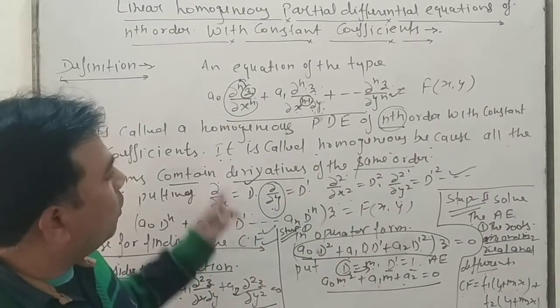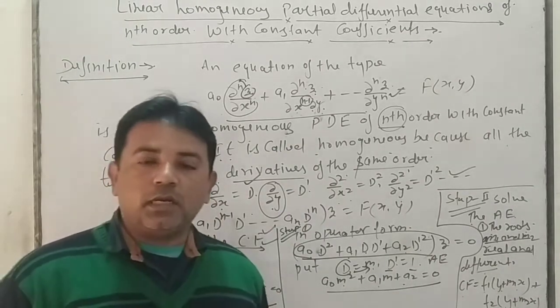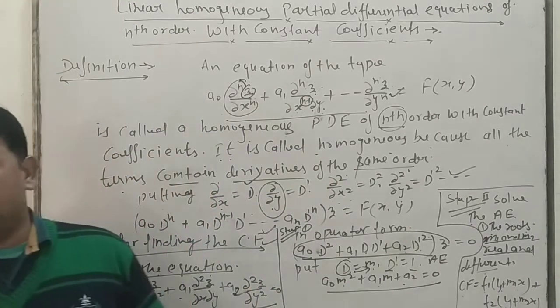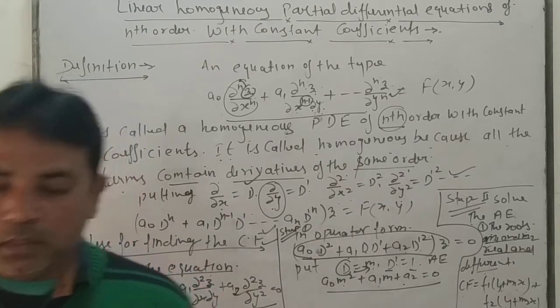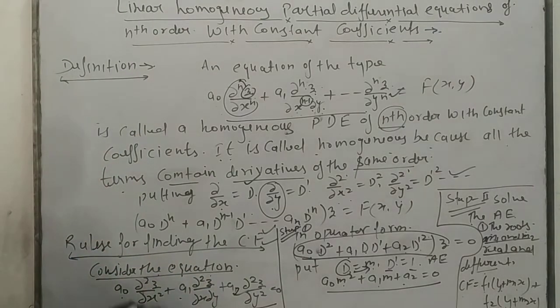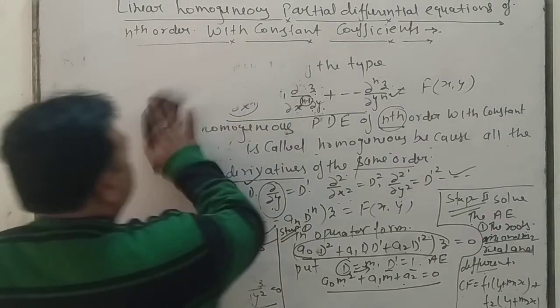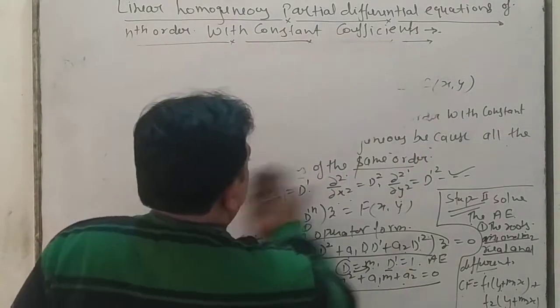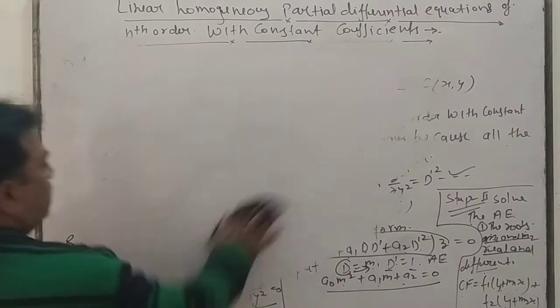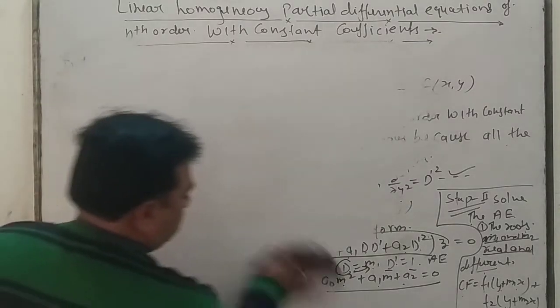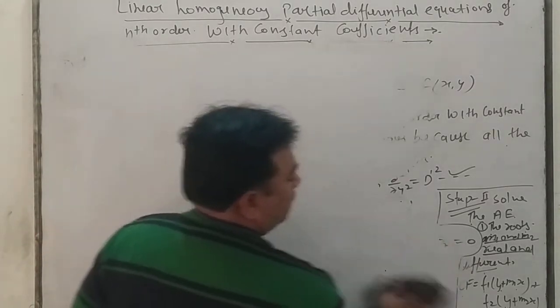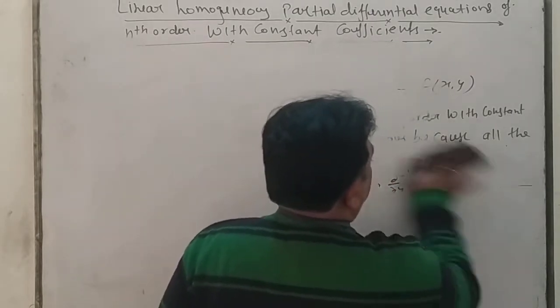This is the process of solving the homogeneous partial differential equation with constant coefficients. And next, a similar process: here from the quadratic equation we find the roots m1 and m2.